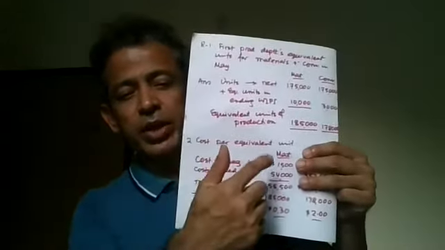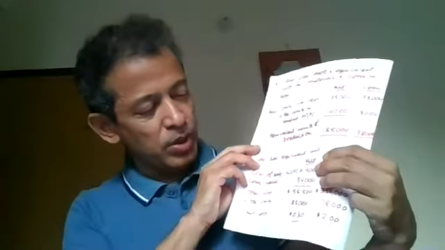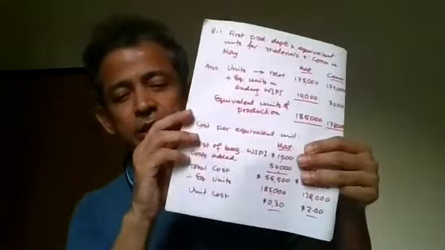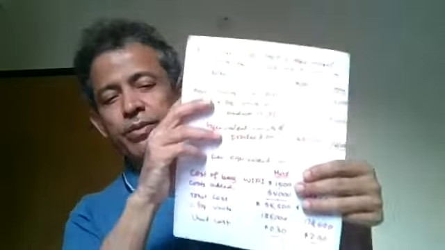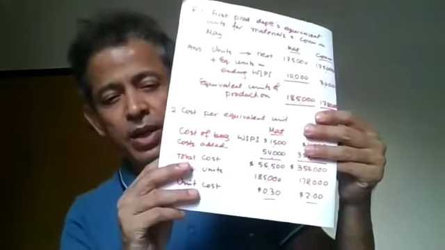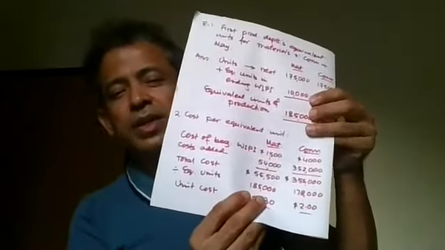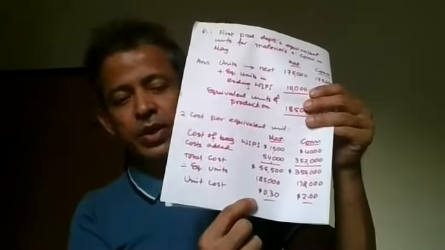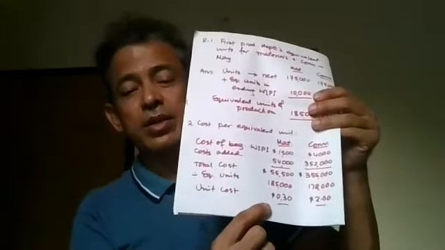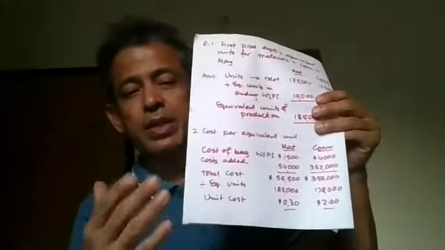So focusing on material, total materials that we need to account for is $55,500, and then we just divide by 185, the equivalent units as far as materials are concerned. Total cost divided by equivalent units gives you 30 cents of materials cost per equivalent unit, per completed unit.